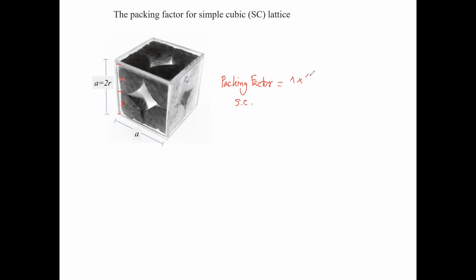But the volume is 4 divided by 3 pi r cube, divided by the volume of the cube. So it's A cube. And then you replace, we know A is 2R. So R is what? A divided by 2.